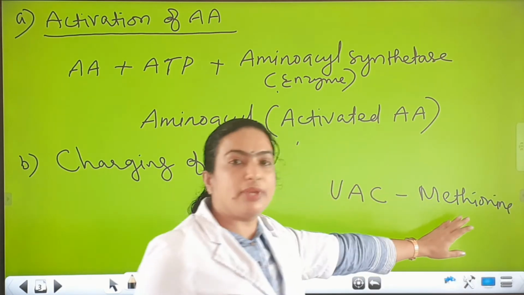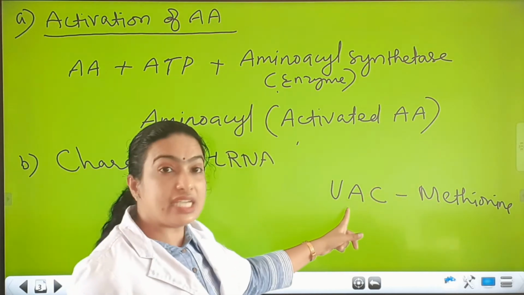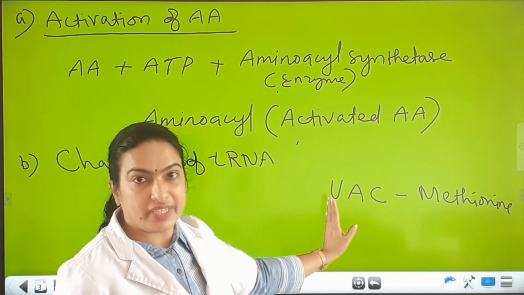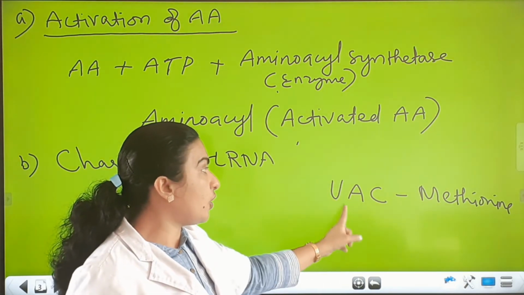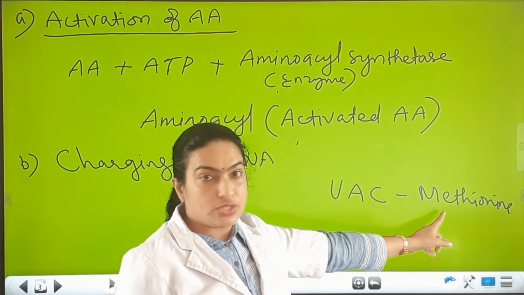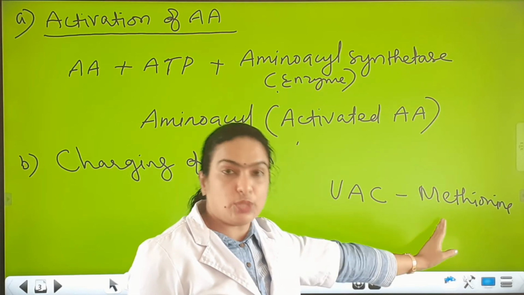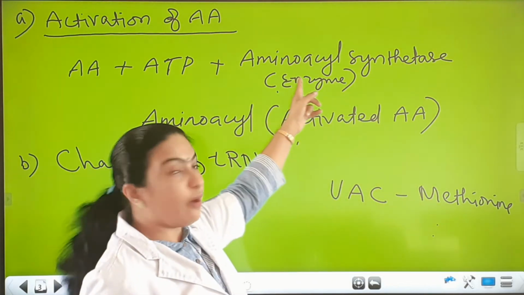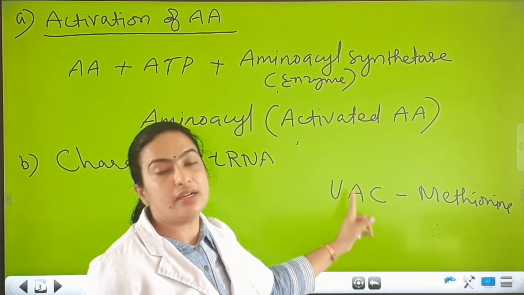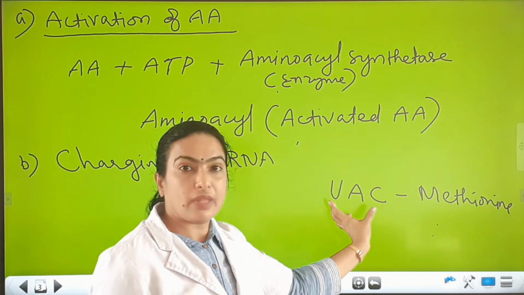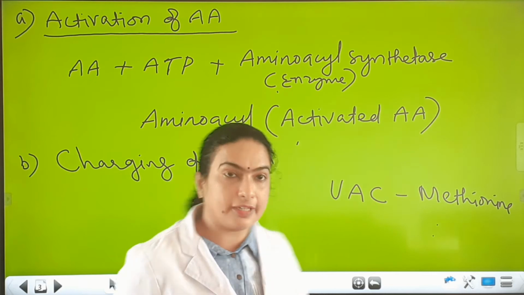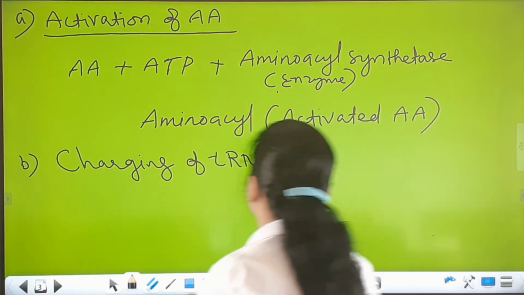So the amino acid methionine binds with the tRNA which has UAC as the anticodon. So methionine, when activated with the help of an enzyme, binds with a particular tRNA which has the specific anticodon. Is it clear? So that is called charging of tRNA.